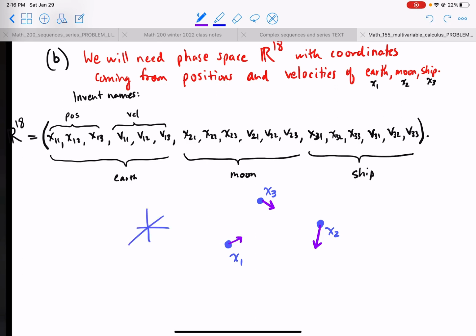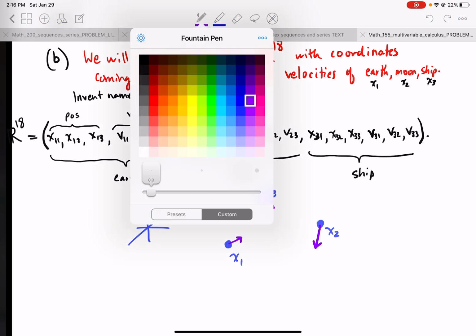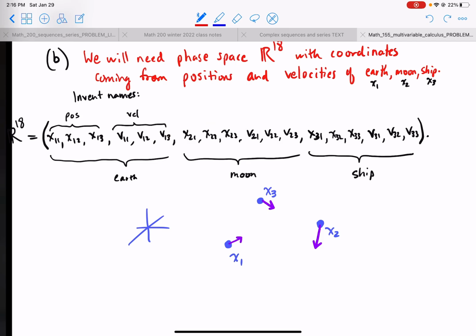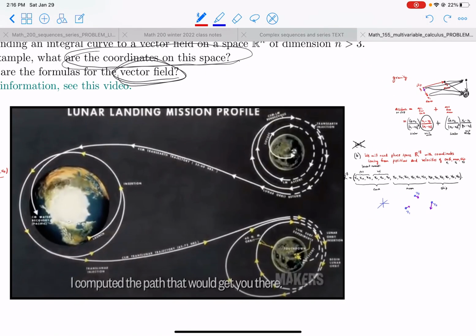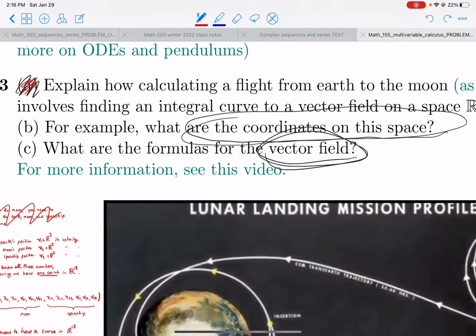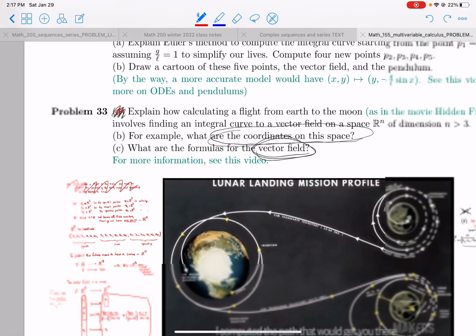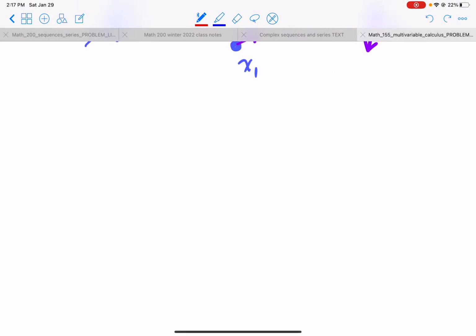And so why don't we just treat all 3 of them sort of equally, even though this will be, in my opinion, simpler. Okay, so now we just need part C. So what are the coordinates on this space? We described them. Positions and velocities of the Earth, moon, ship. What are the formulas for the vector field? So part C. What are the formulas for the vector field?